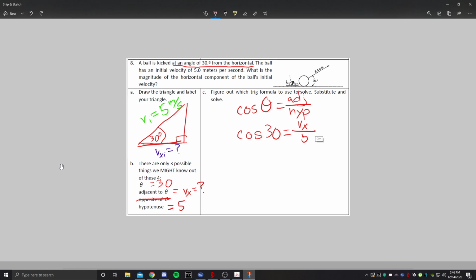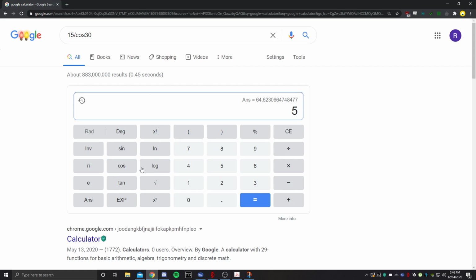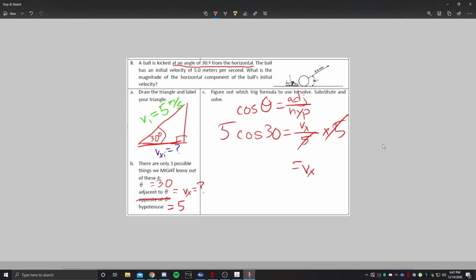You multiply both sides by 5 and plug this into a calculator: 5 cosine 30. Then you get 4.33 meters per second. That's your horizontal velocity. Now, that's it.